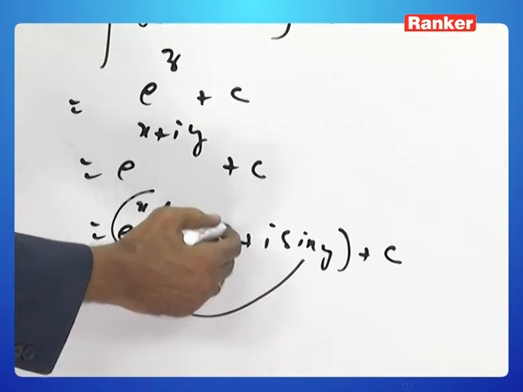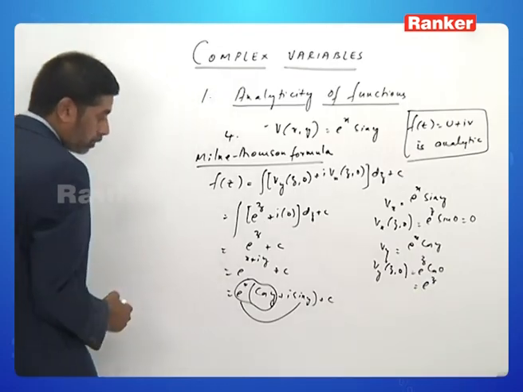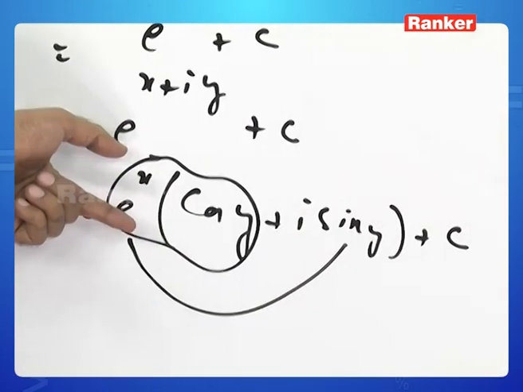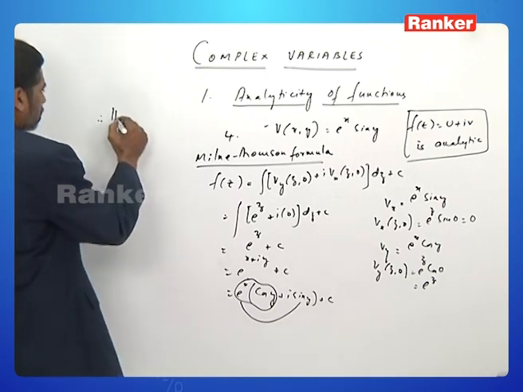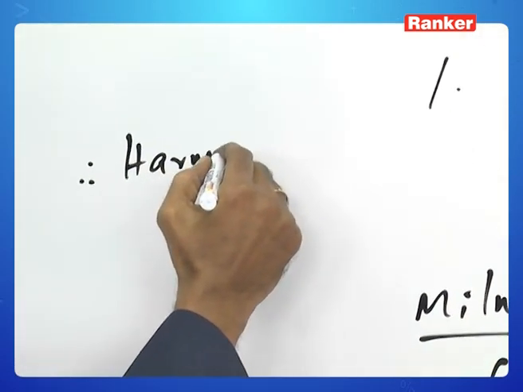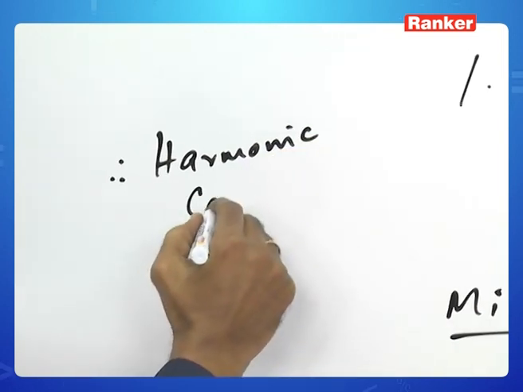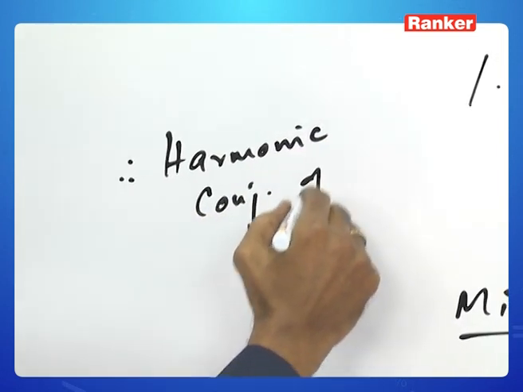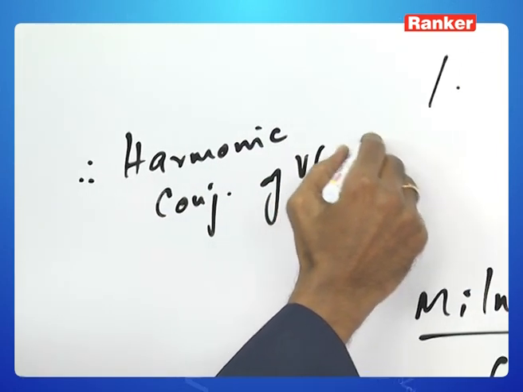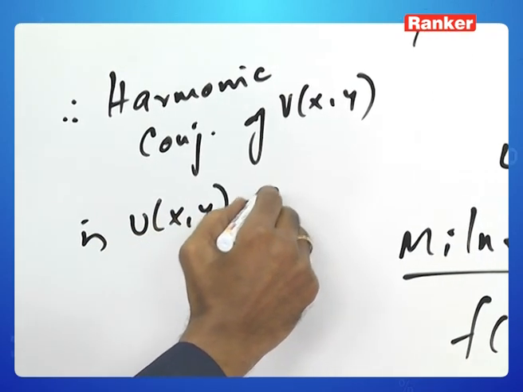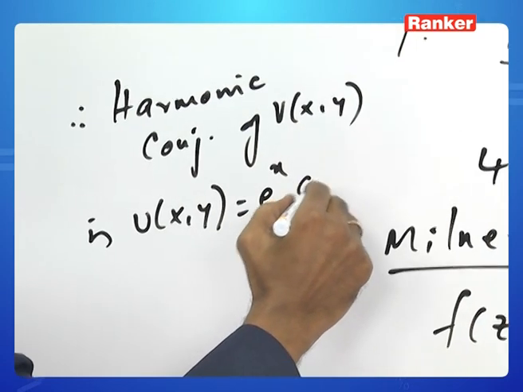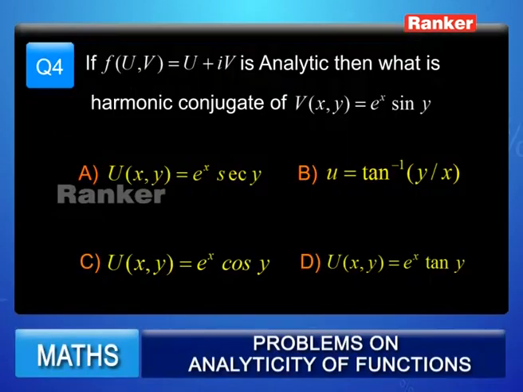So this will form the u part of the function, and therefore this is the harmonic conjugate of that. Therefore, the harmonic conjugate of v of x y is u of x y is equal to e power x cos y, which you can find as option C in the list.